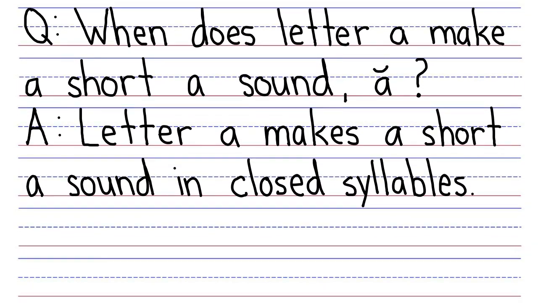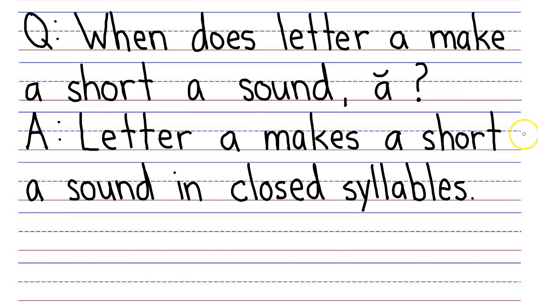So the first question is, when does letter A make a short A sound, ah? And here's the answer. Letter A makes a short A sound, ah, in closed syllables.